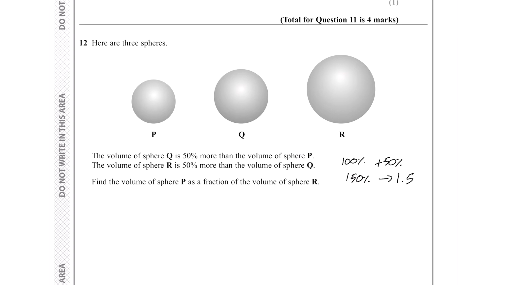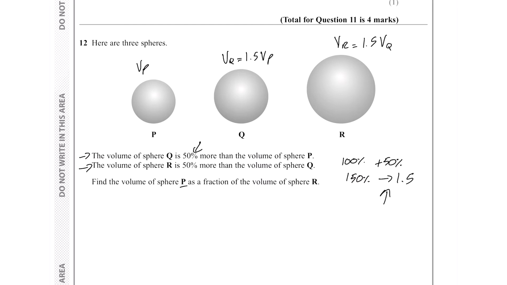So this is the volume of P. This is the volume of Q. Now we've been told sphere Q is 50% more. So it's going to be 1.5 times whatever the volume of P is. I've shown you how I got the 1.5 there, because it's 150%. And then it says the volume of R is 50% more, which is 1.5 times the volume of Q. I'm just writing what's in these statements.